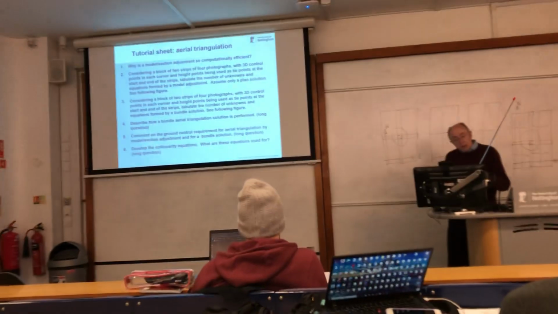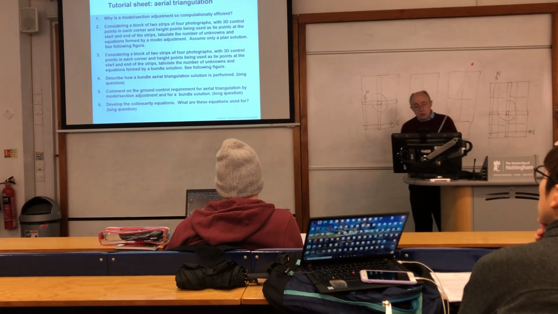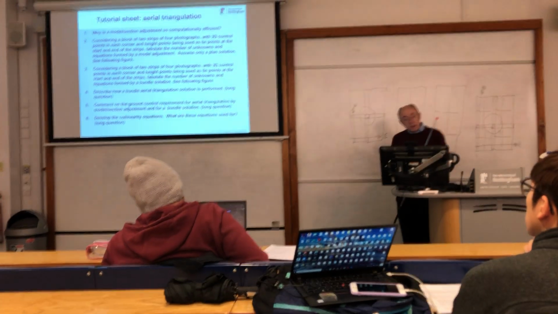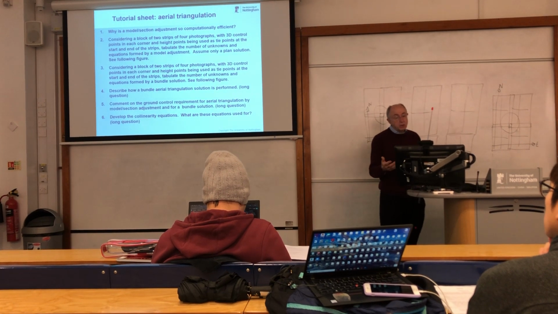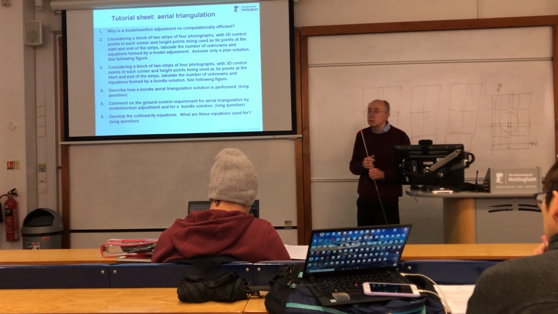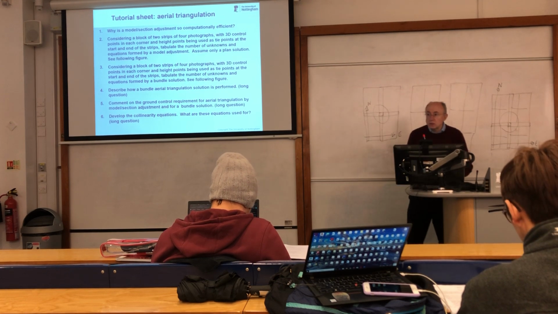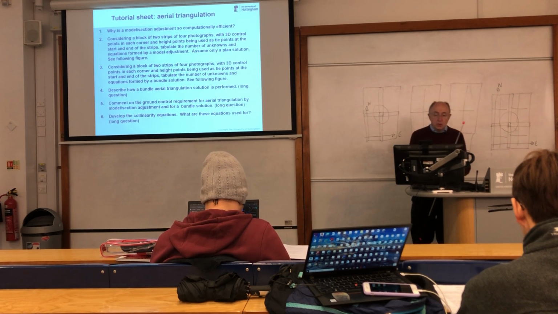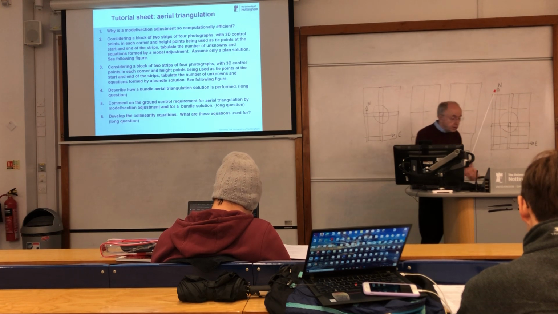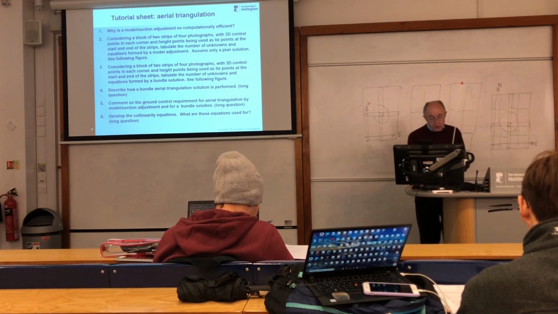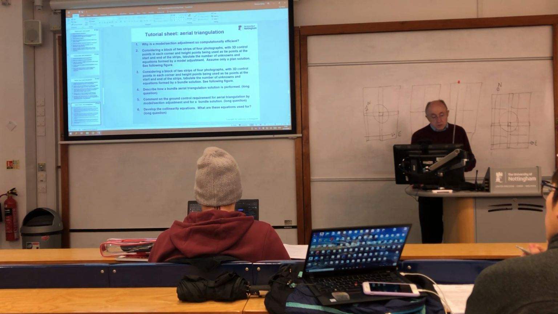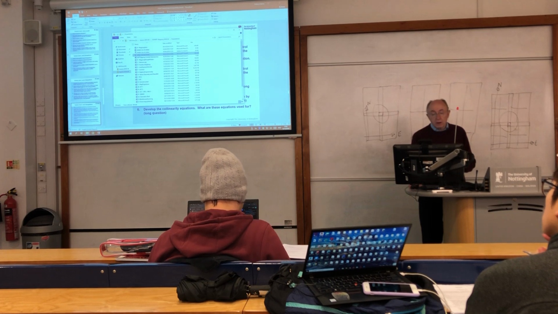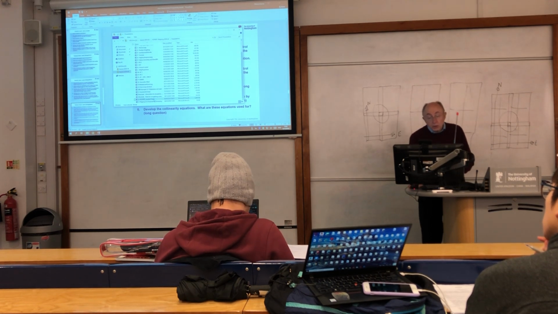Describe how a bundle aerial triangulation. This would be, I would consider it a long question. The bundle aerial triangulation solution, if you remember, uses the collinearity equations. There is the flow diagram in your notes that goes through that process.